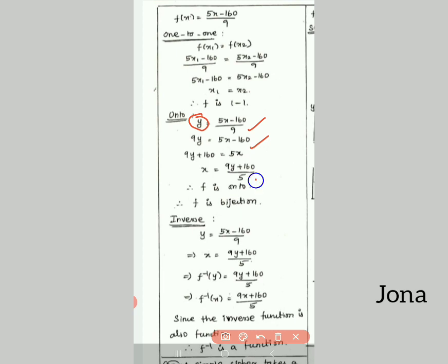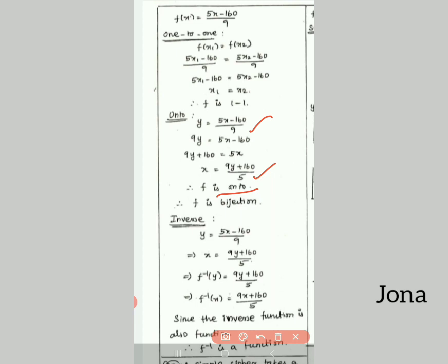We want to find the value of x here. So x equal to 9y plus 160 by 5. Okay, from y I got the value of x, so f is onto.